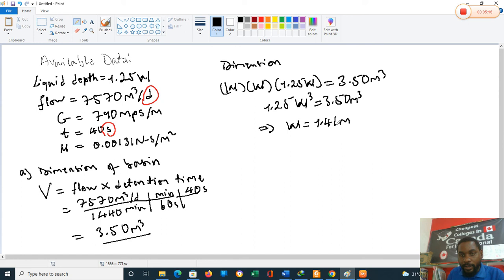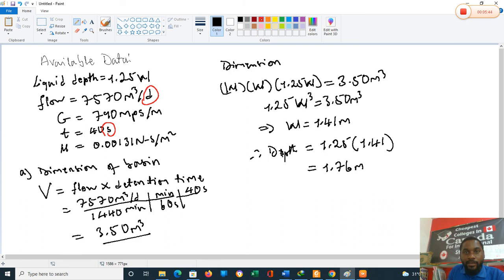1.41 meters. So therefore depth becomes 1.25 times 1.41, all of this gives us 1.76 meters.